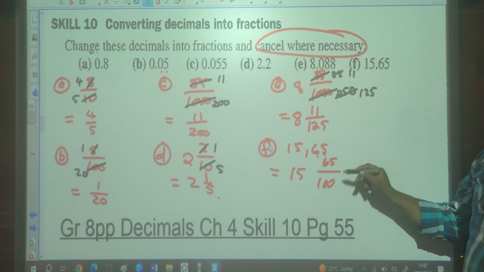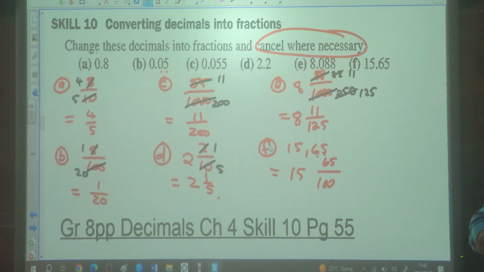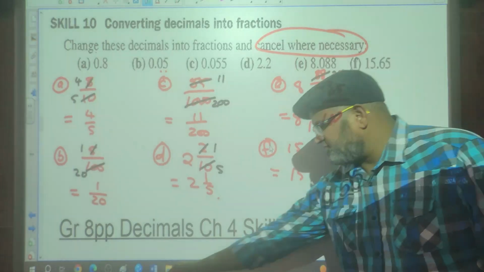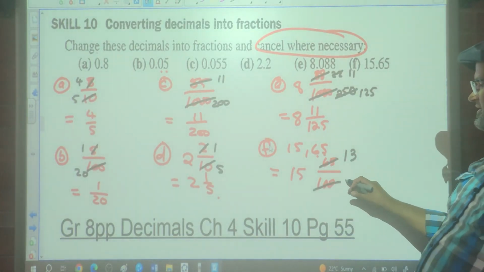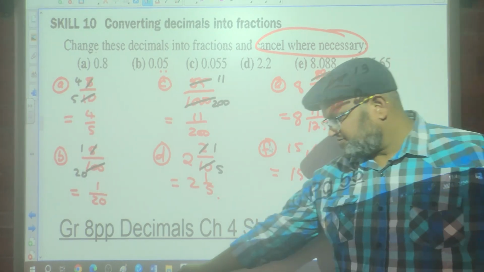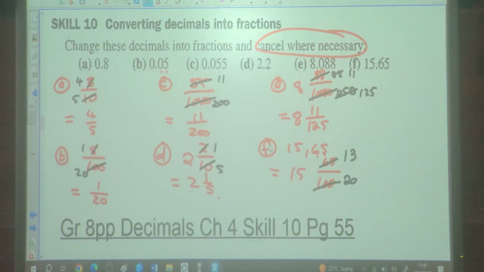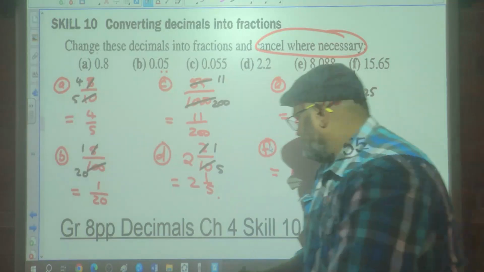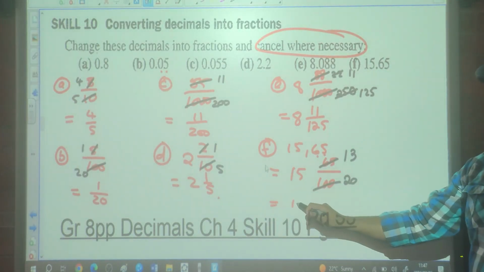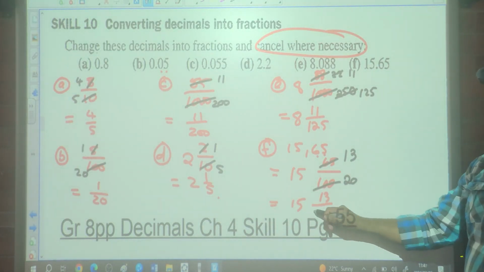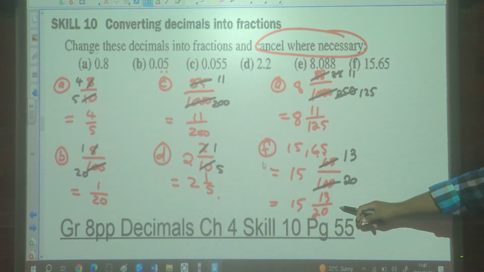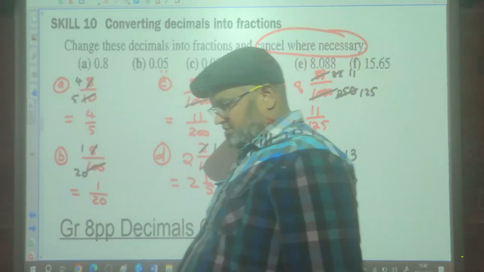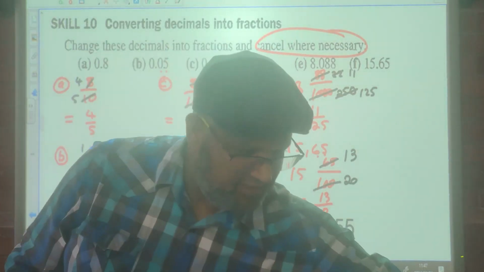What number goes into 65 and then 100 without remainder? 5. 5 goes into 65, 13 times. 5 goes into 100, 20 times. Are you all okay with that? So it's 15 and 13 over 20. Who got that one right? Okay, so I'm feeling better now. Almost thought I made a mistake.